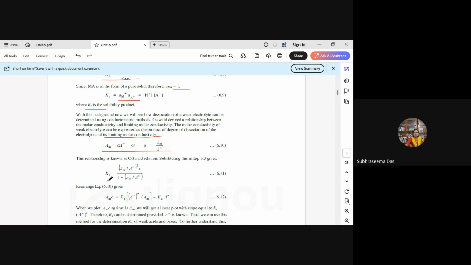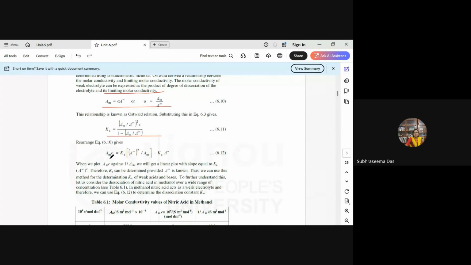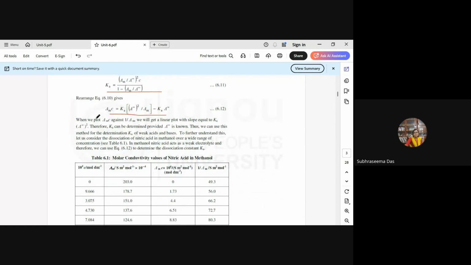On rearranging, we find that lambda m C is given as Ka into lambda infinity square by lambda m, minus Ka by lambda infinity. Now if we plot lambda m C versus 1 by lambda m, we get a plot with slope equal to Ka into lambda infinity square.